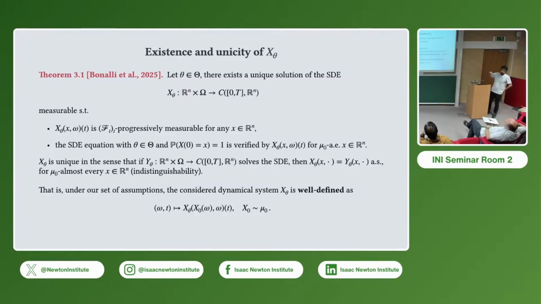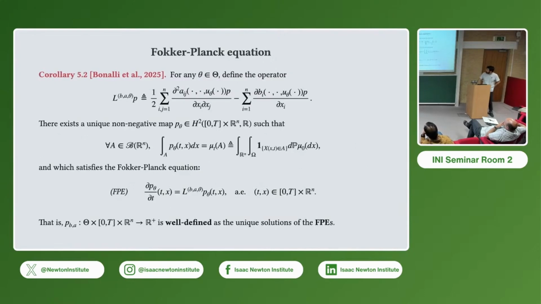But under my assumption of Sobolev regularity, I have a unique solution in the following sense of the system. Which is nice. Also under the same set of assumptions, my density is well defined, so the flow is well defined.